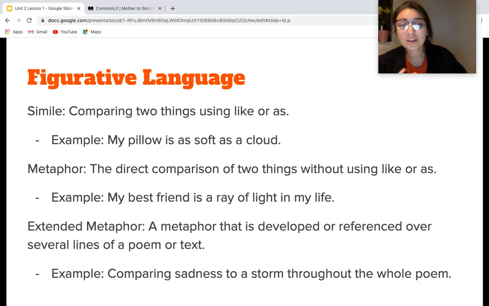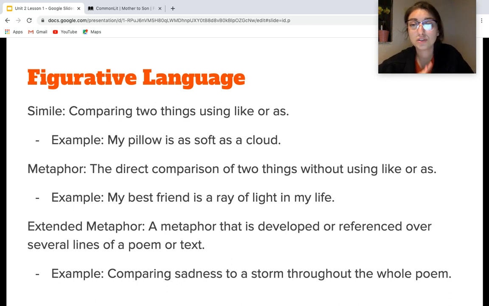Okay. Now here's some figurative language that we've talked about before, but just a refresher. A simile is when you compare two things using like or as. So an example for this is maybe a line of the poem says, my pillow is as soft as a cloud. This is comparing the pillow to a cloud, and it's using this word "as," so we know it's a simile, not a metaphor. A metaphor is the direct comparison of two things without using like or as.